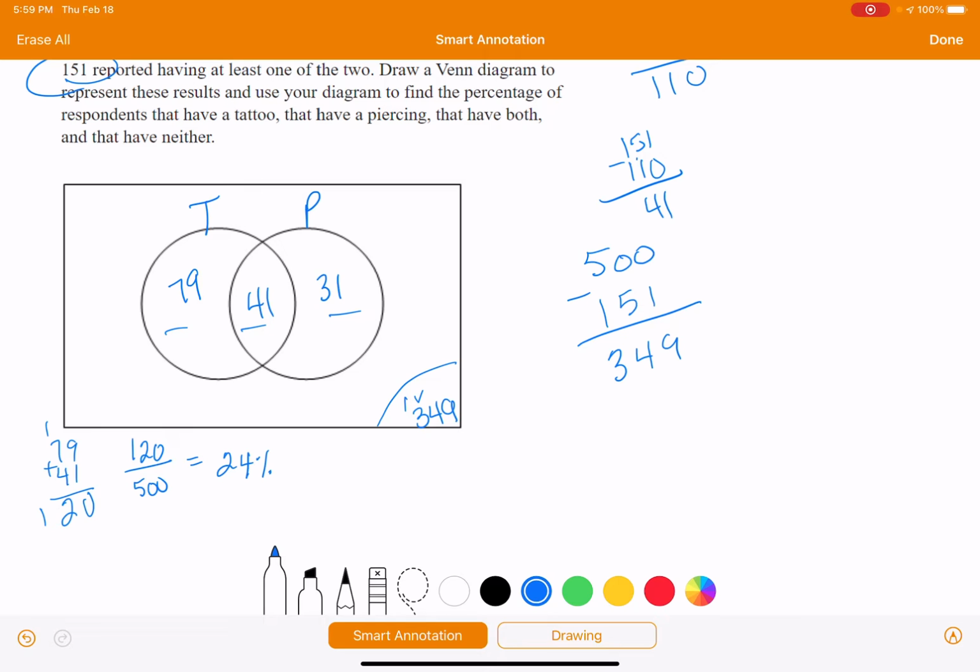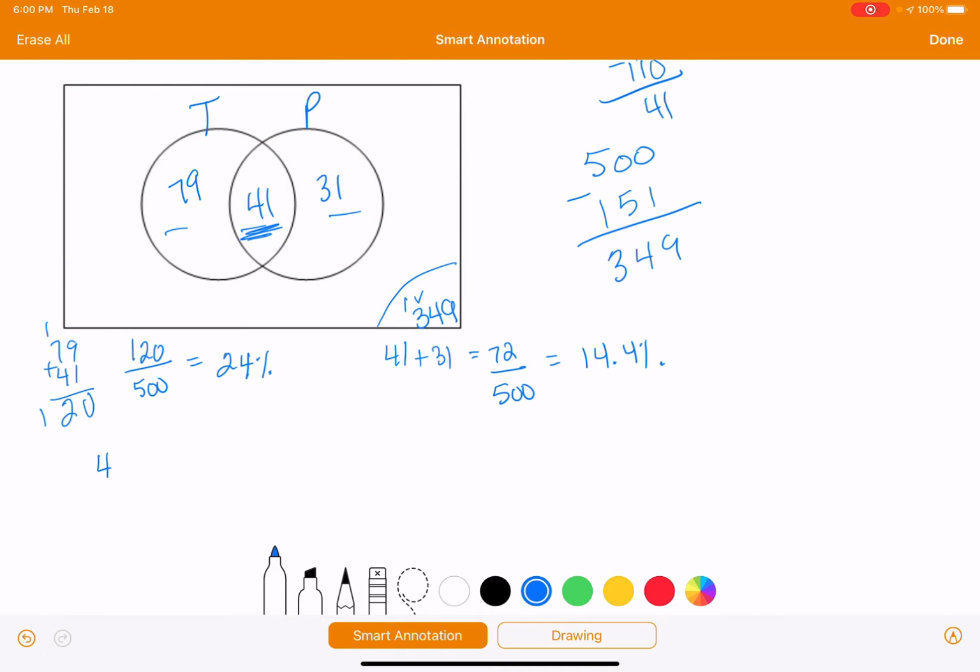And then it says how many people have a piercing. So that will be 41 plus 31, which is 72. Once again, out of the number of people surveyed, giving me about 14.4%. How many have both? Well, we just said both is what lies in the middle. So that's 41 out of 500.